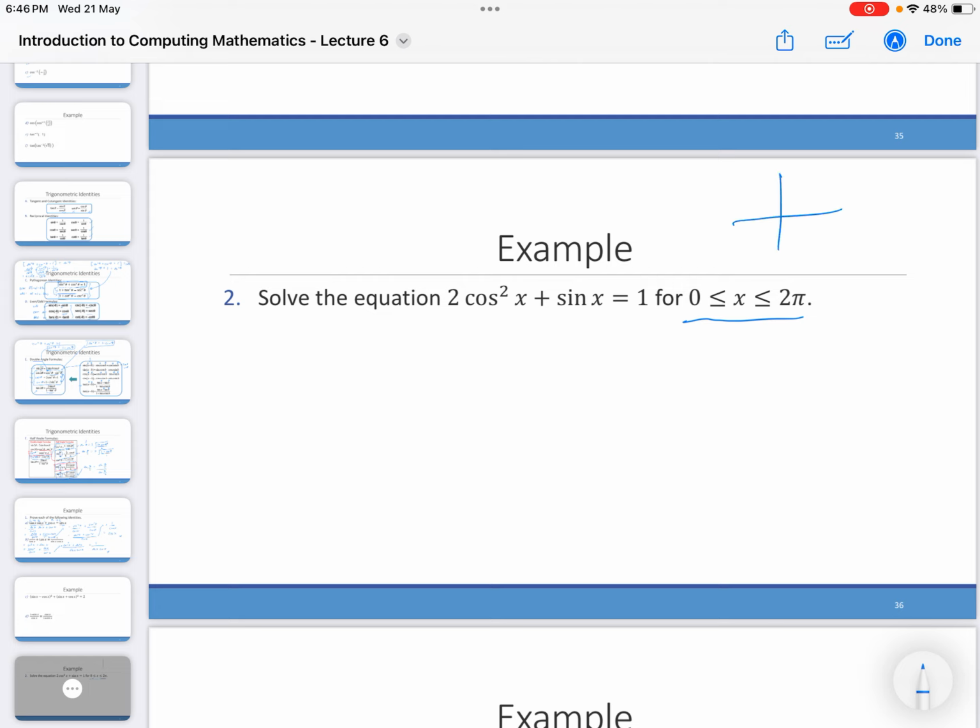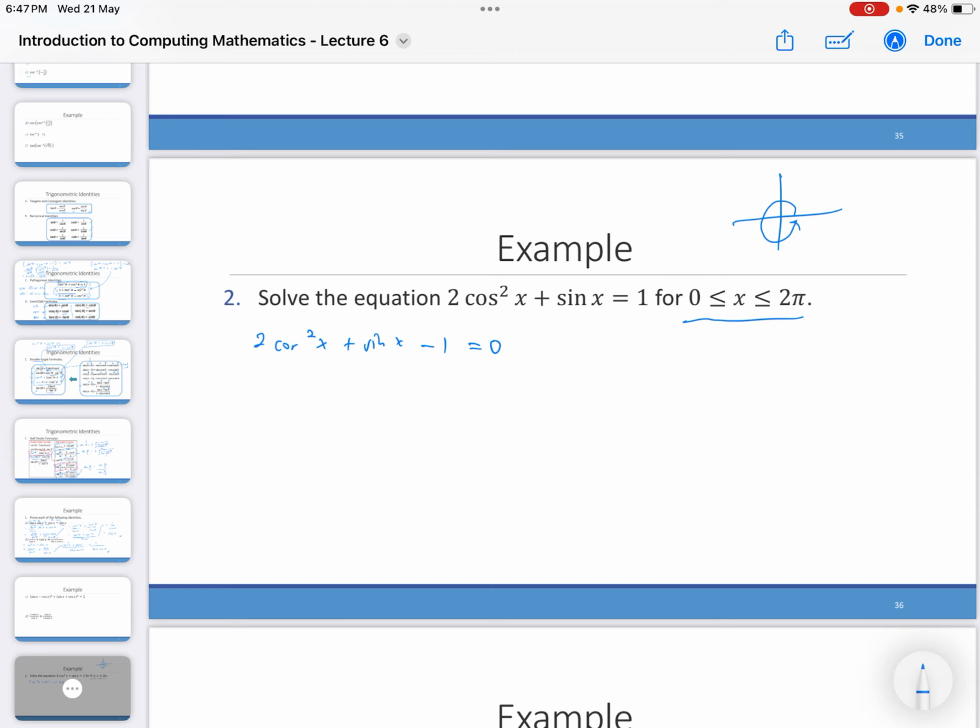So basically 0 to 2 pi is everything. Okay, so how to do this? We want to solve 2 cos squared x plus sin x, and then the 1 we bring to the left, so minus 1 equals 0.